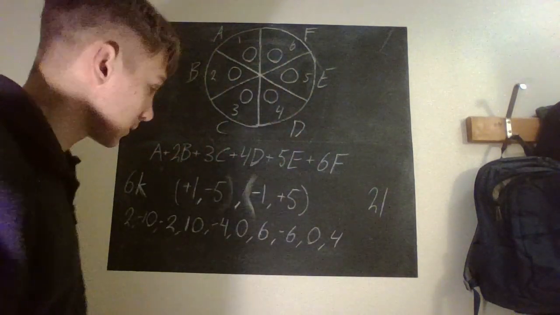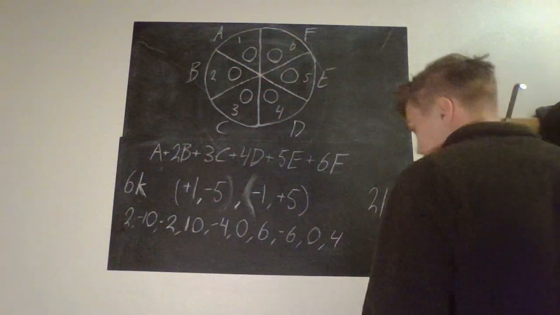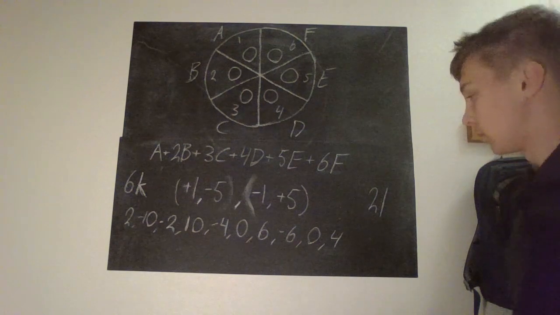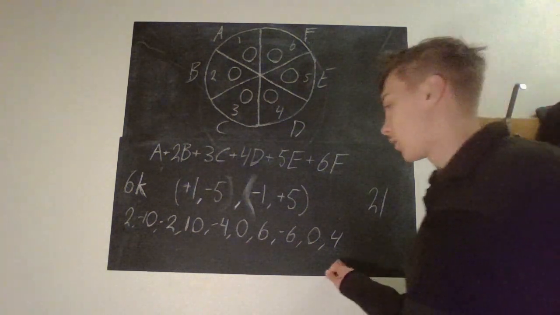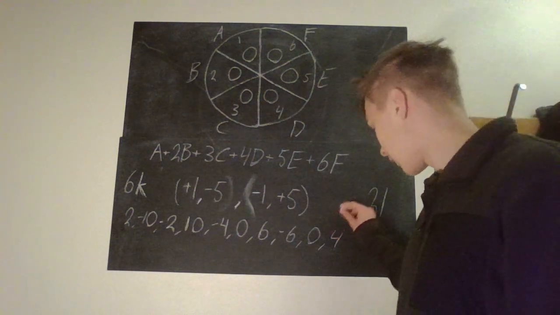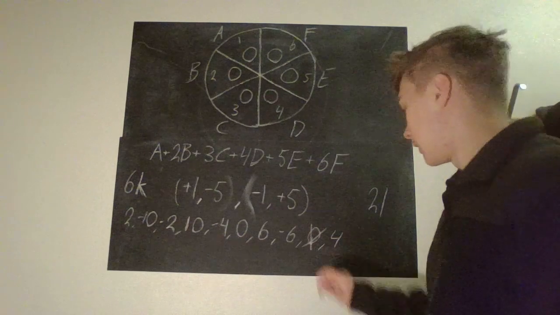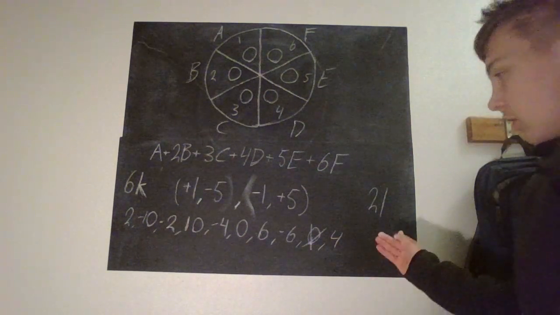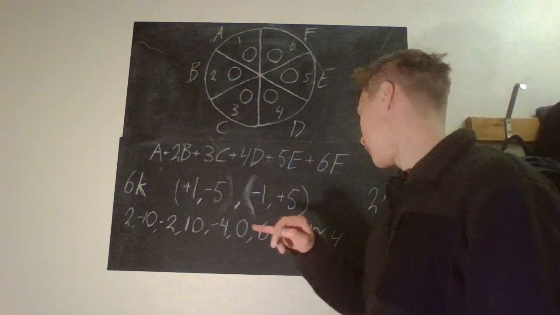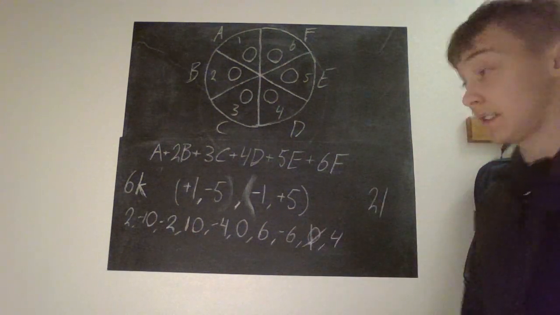I'm so sorry, I can't count, that absolutely does not make 16 combinations. These are all the answers, and we have a duplicate here, so we can cross that out. So our options are that we can add or subtract 2, 0, 4, 6, and 10.